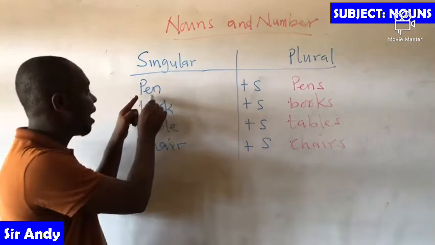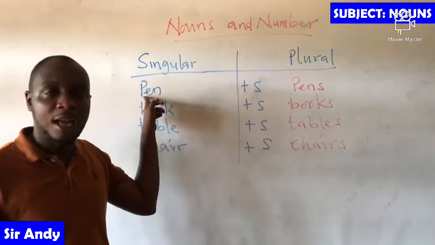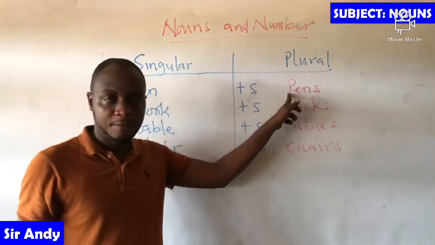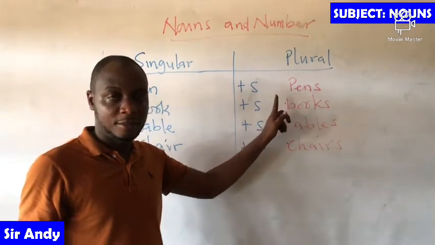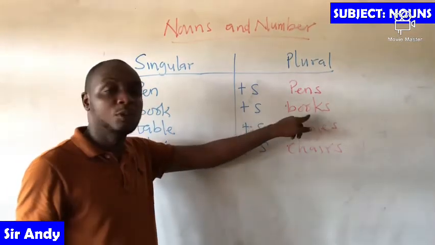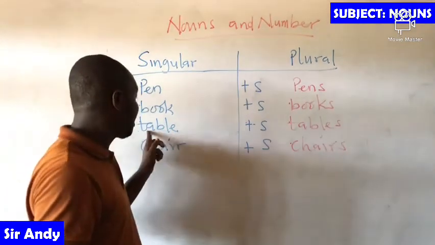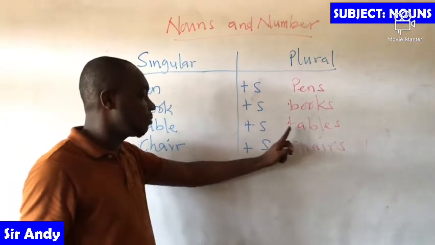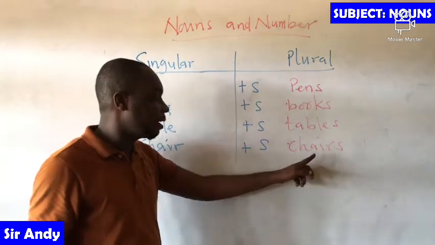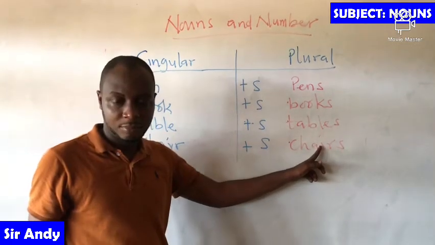So when you add s to the singular noun pen, it becomes pens. Pens, right? And then book plus s becomes books. Table plus s becomes tables. Chair plus s becomes chairs.